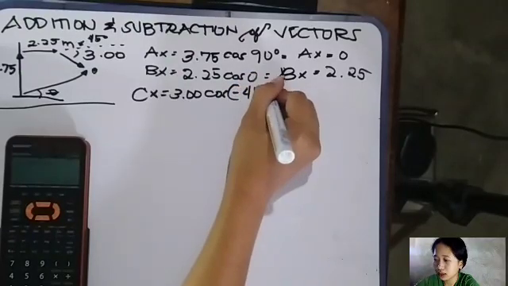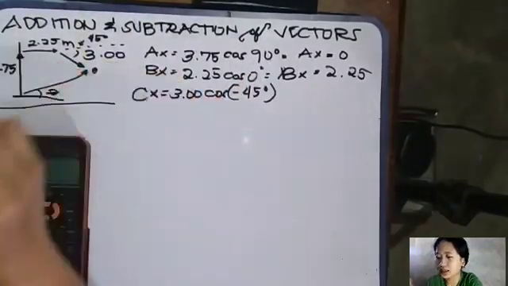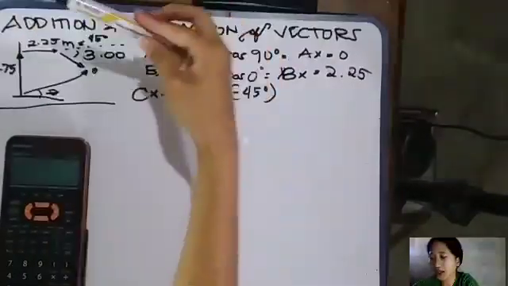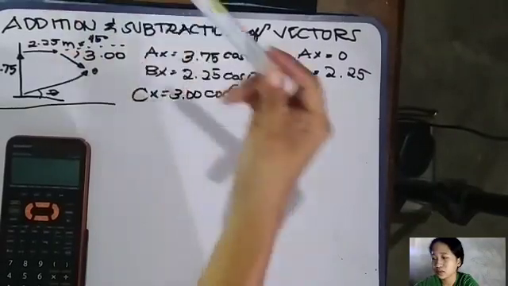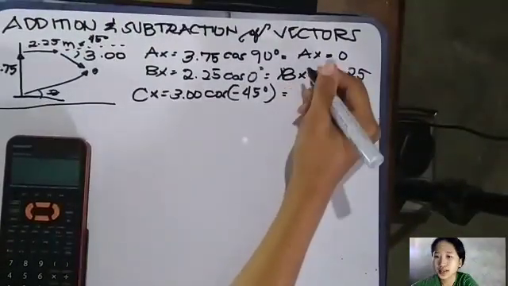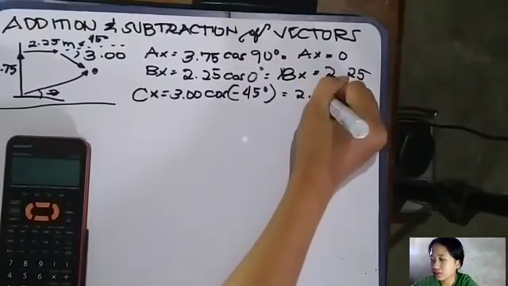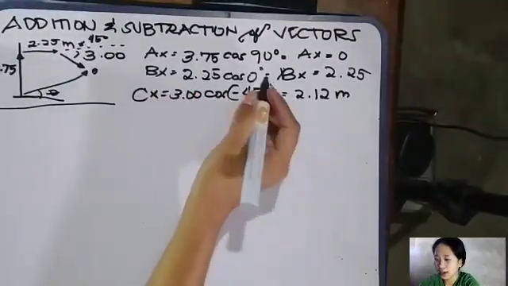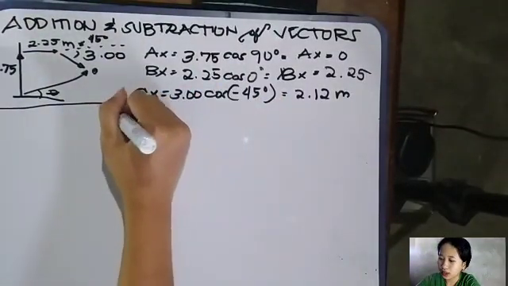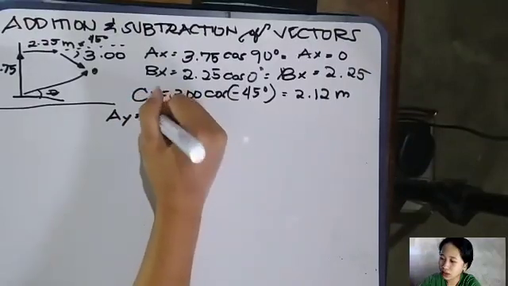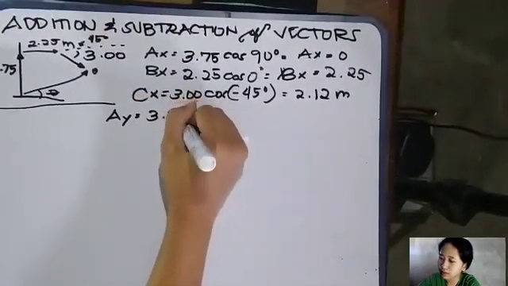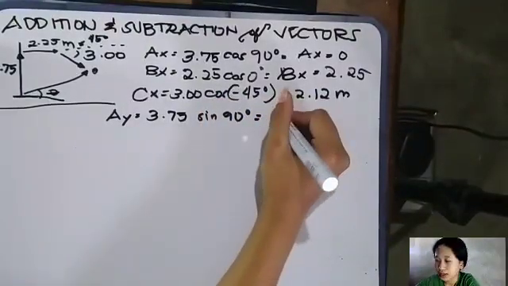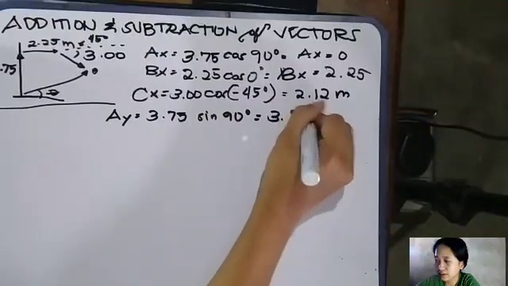So, bakit naging negative 45? Kasi, di ba, parang naka-angle of depression siya sa may, ito yung magiging x-axis natin, then pababa. So, magiging negative. So, ang sagot is 2.12 meters. So, sa may ano naman tayo, vertical, sa may y-axis. So, a sub y is equals, papalitan natin yung cosine ng sine, 3.75 sine 90 degrees is equals to 3.75 meters.